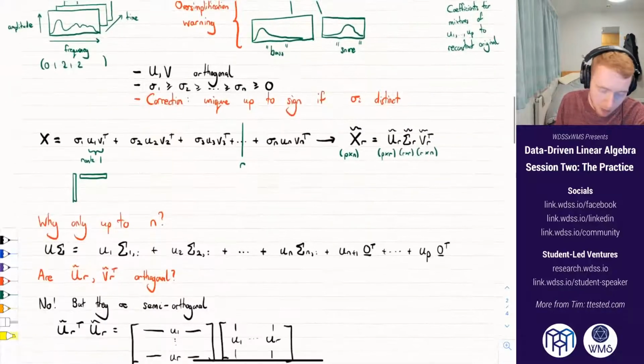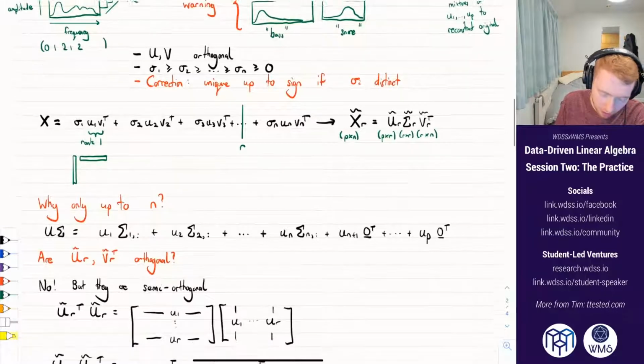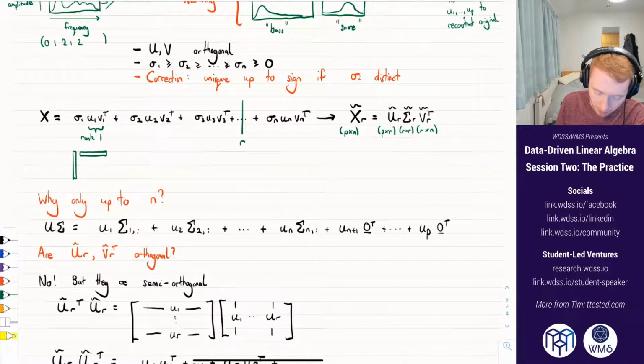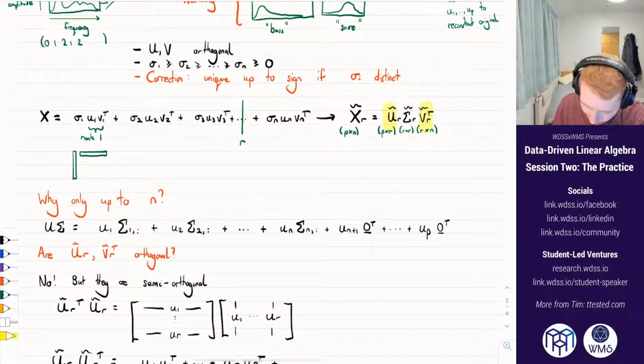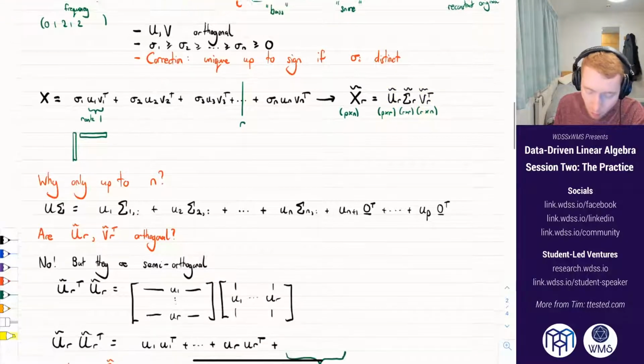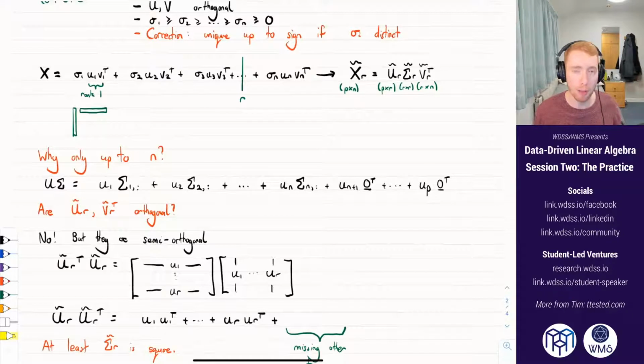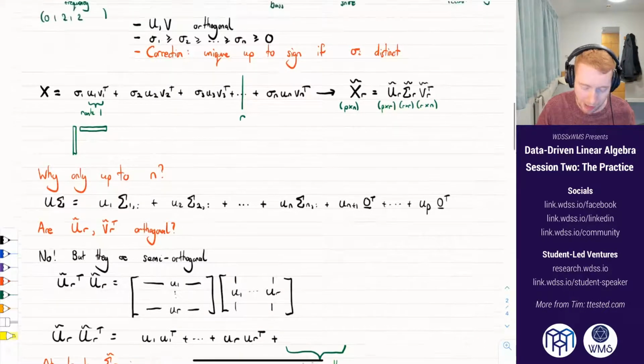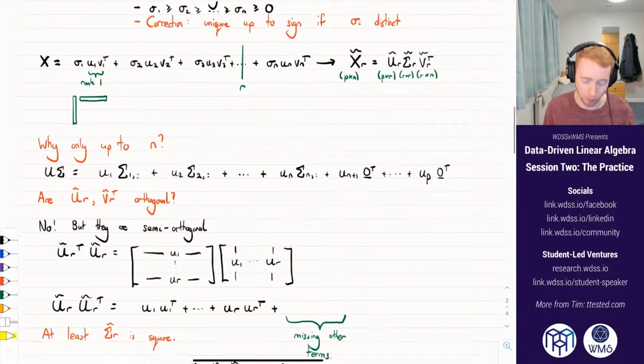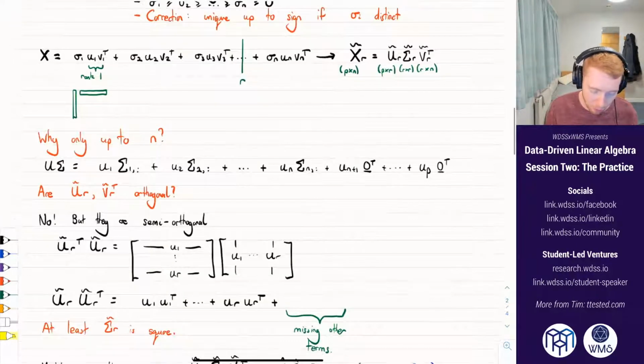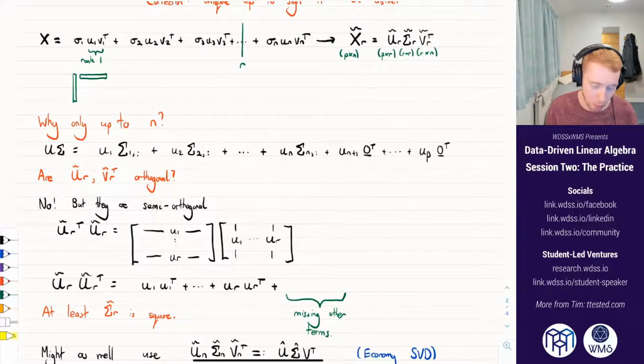So also worth mentioning, are UR tilde and VR tilde transpose, these low rank reductions, are they still orthogonal? And the answer is no. I mean, we mentioned first time you can't be orthogonal if you're not a square matrix. These are no longer square, p by r and r by n. So they're definitely not orthogonal, but they do turn out to be semi-orthogonal. If we take UR tilde transpose times UR tilde, we do get the identity matrix.